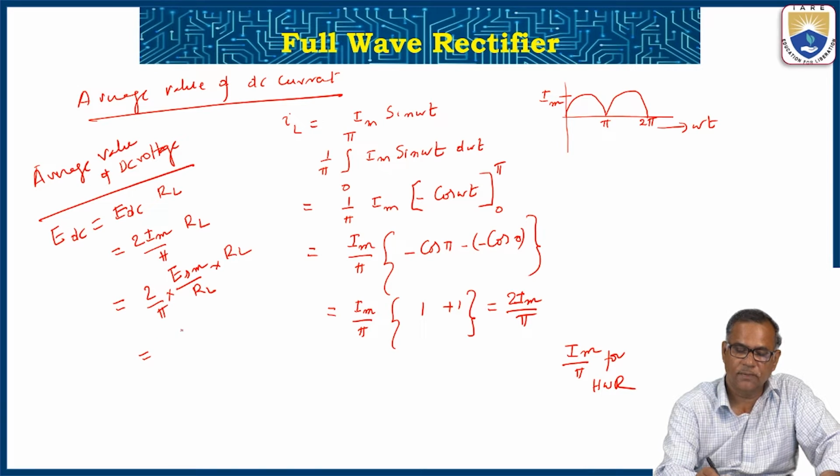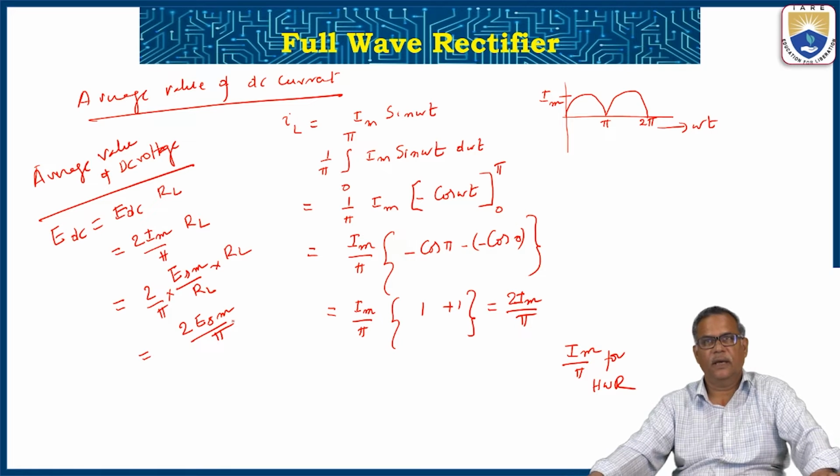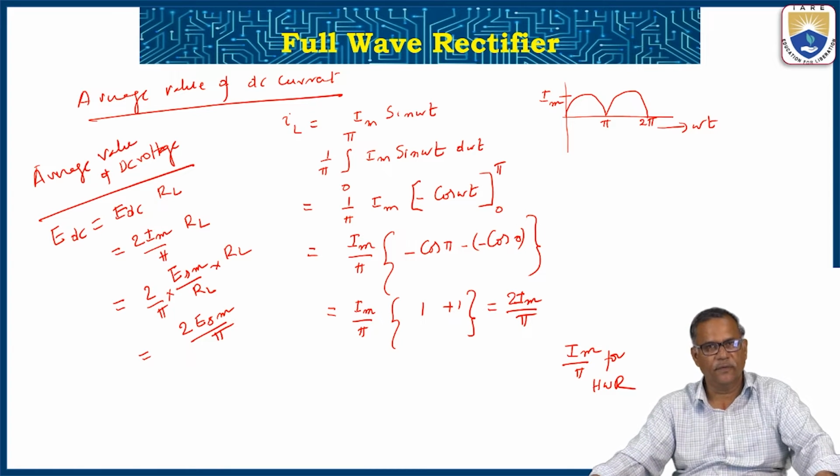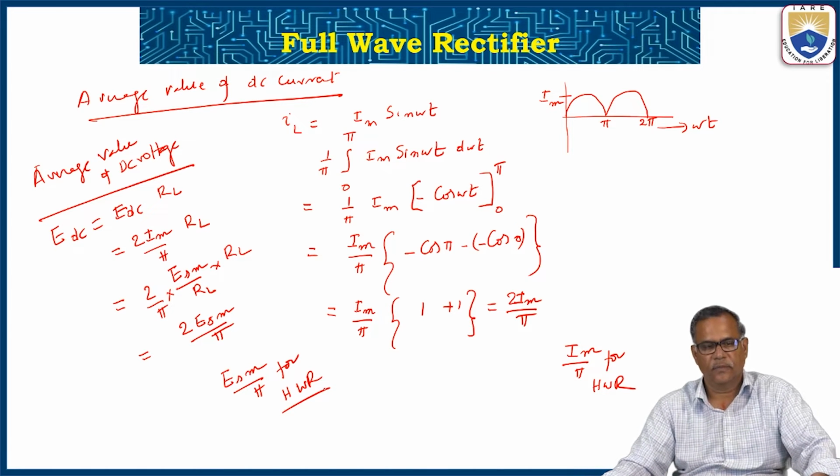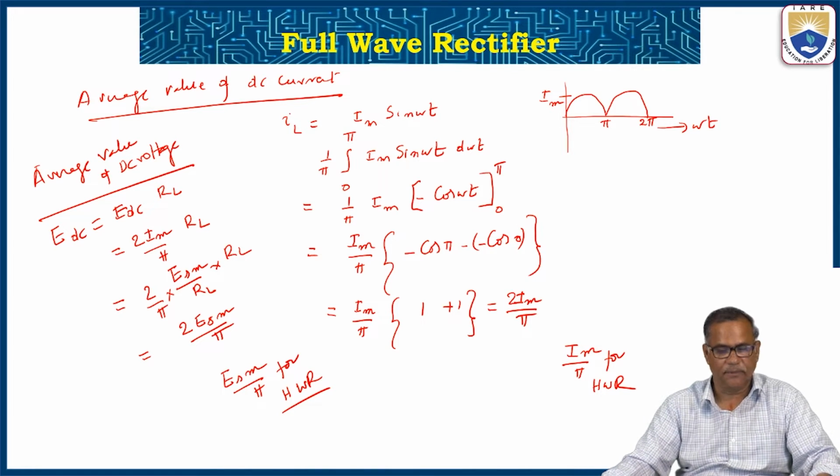So this gives us 2 ESM by pi. So this is the average value of DC voltage for full wave rectifier. And what is the corresponding value for half wave rectifier? It is ESM by pi. For half wave rectifier. So it is better. The performance is better.